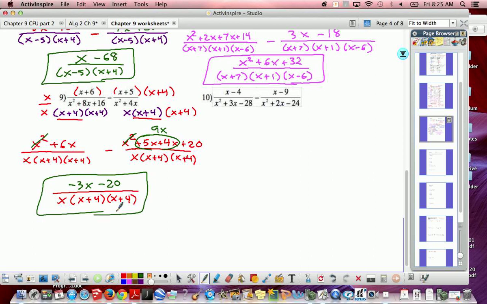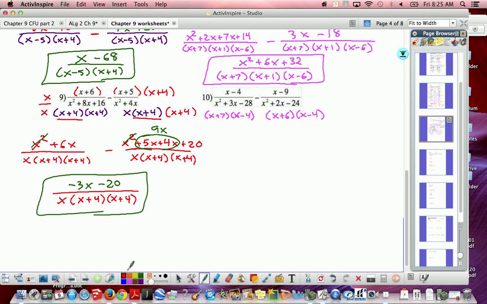All right, last one on the assignment. So I need to factor again. Factors of 28 that add to 3, I believe, is 7 and x minus 4. Factors of 24 that add up to positive 2 would be 6 and negative 4.